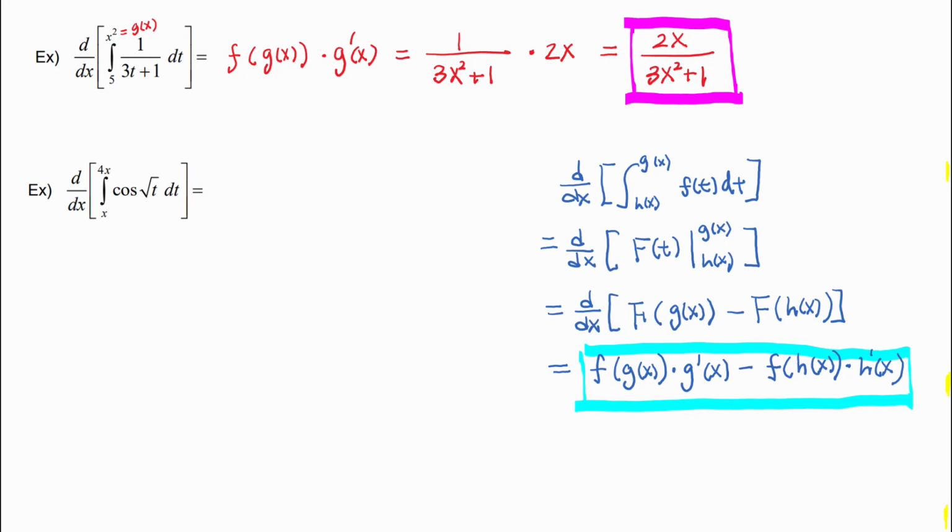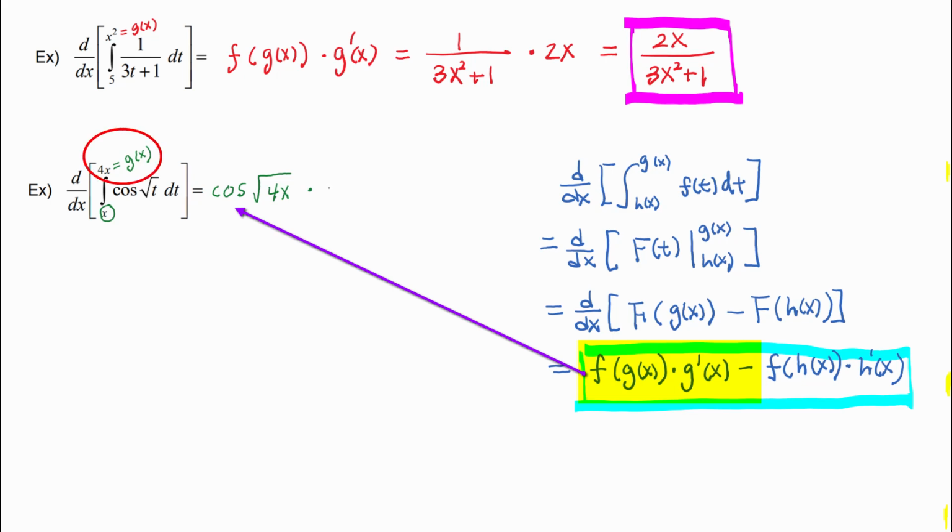So let's do the second problem. What's the derivative of the integral from x to 4x of cosine of radical t dt? So this is your g of x, but this is just an x. So what I'm going to get is cosine radical of g of x, and my g of x is 4x, times g prime.